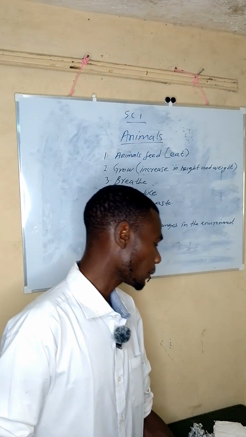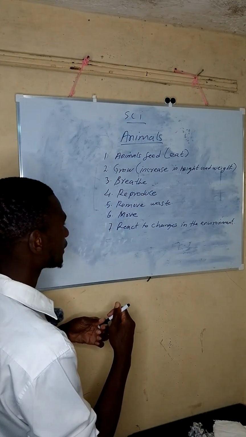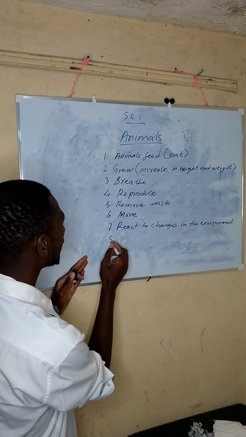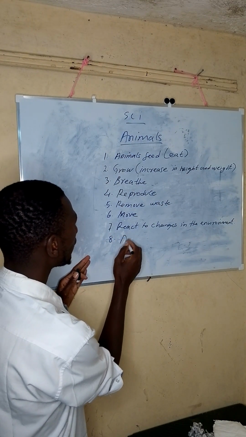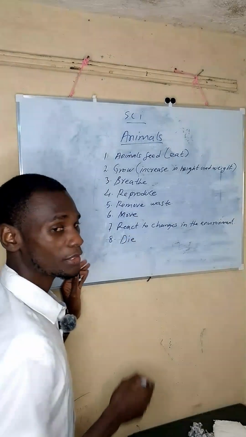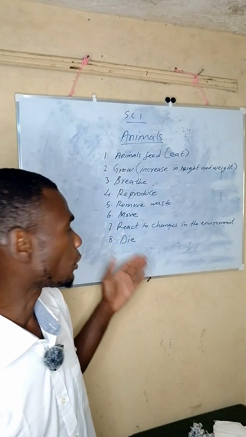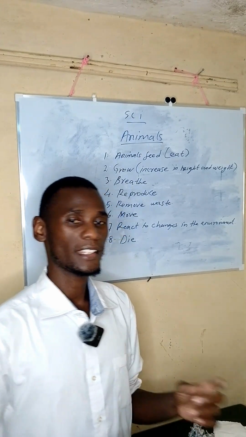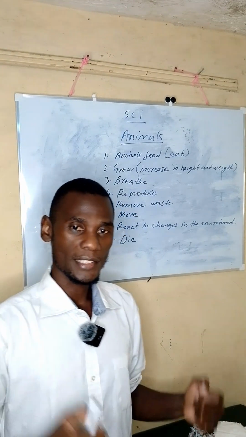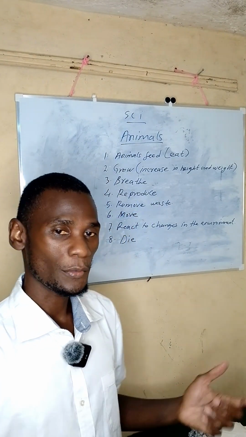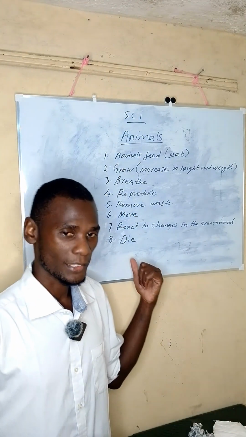Then the last characteristic of these animals is that all animals die. Anything called a living thing, this one includes both plants and animals. Anything that breathes, anything that is living, by the end of the day, it must die.